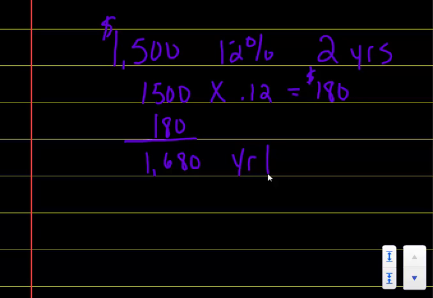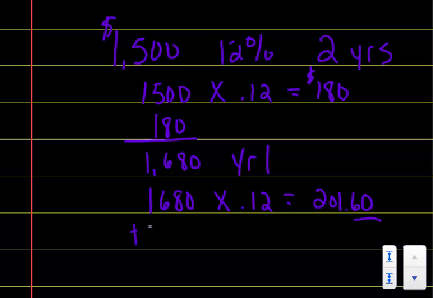Halfway done already. So for the second year, I put in 1680 into my calculator times 0.12. And for this one, I end up with 201.6. And remember, I need 2 digits over here. And this can just be filled in as a 0. So we'd have $201.60.